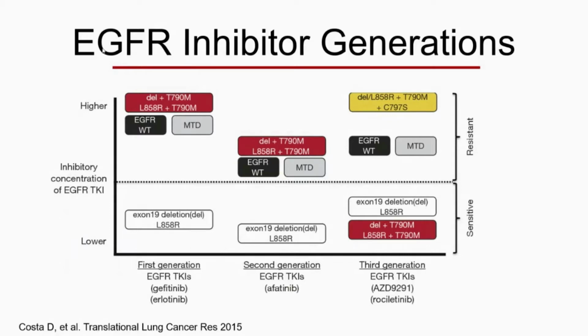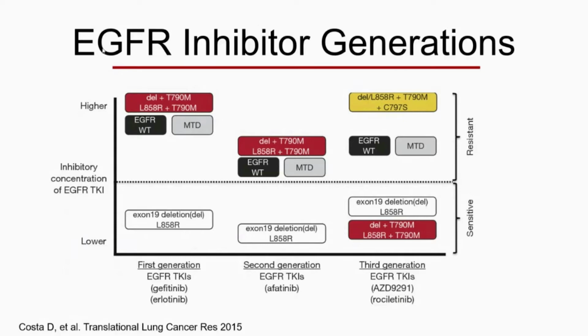One of the challenges is that the first generation drugs cause more skin toxicity and diarrhea than we see now with the later drugs. Essentially, the closer drugs are to blocking that wild type, which in medicine is the normal, the more rash and diarrhea that you see.